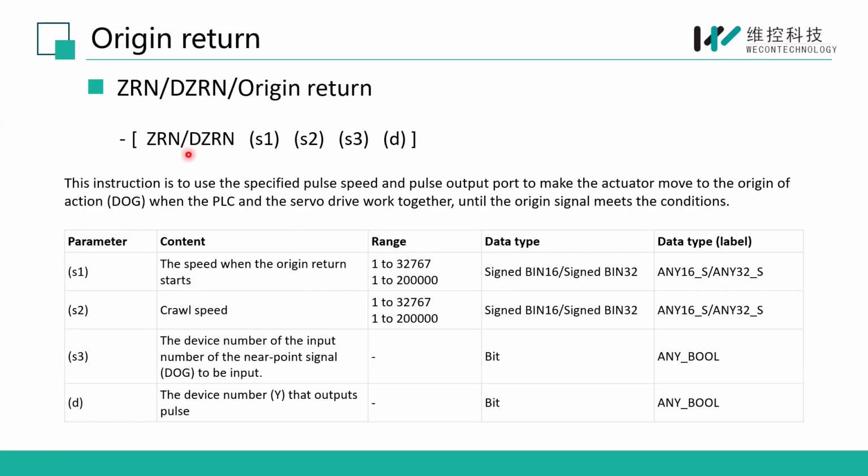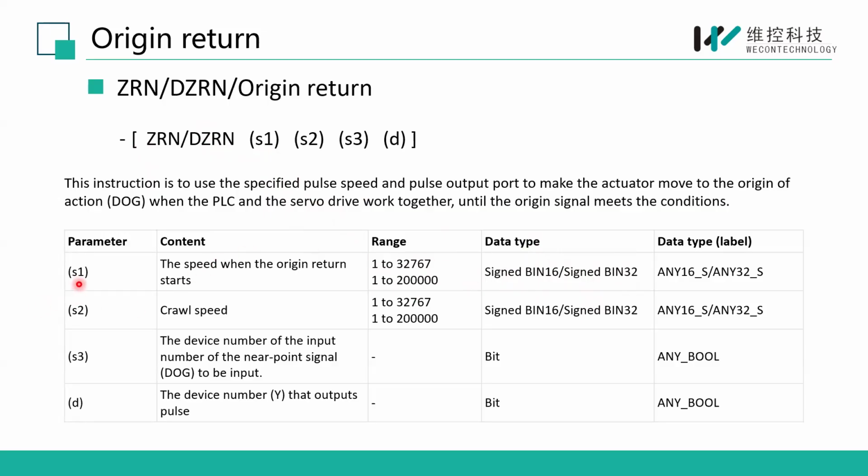So the difference between JRN and DJRN is that DJRN has a bigger range of data type. JRN has a 16-bit size, but DJRN has a 32-bit data type.